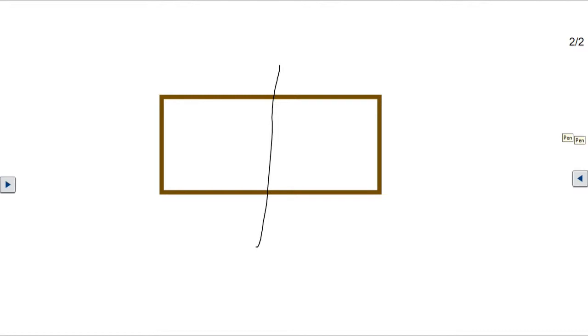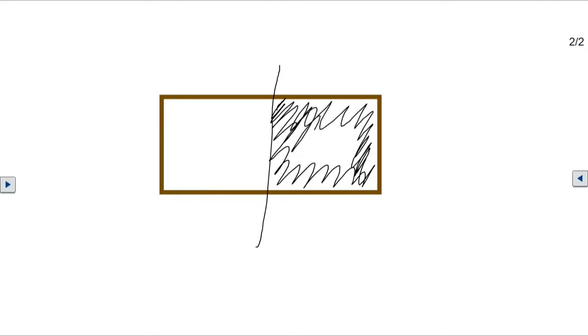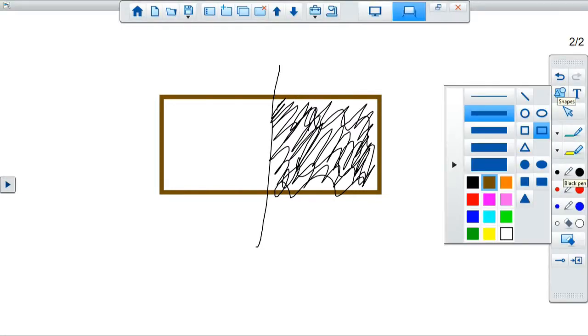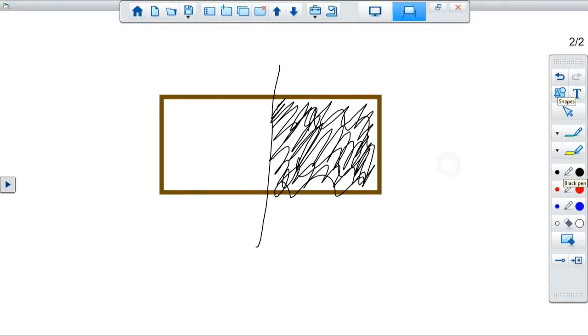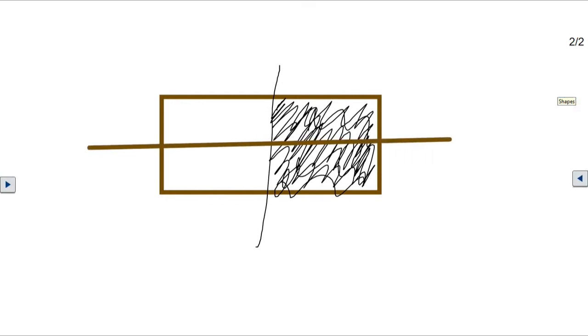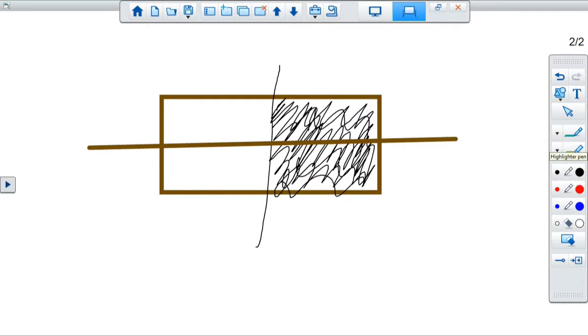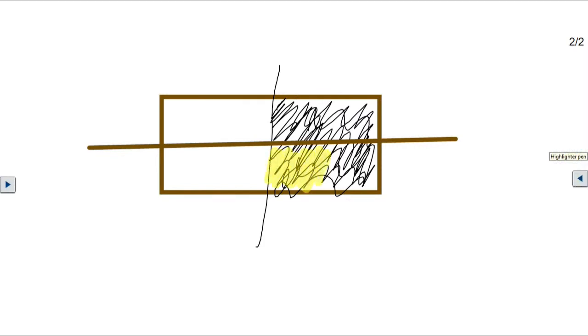We only have half of that bar left. One part's been eaten already. And you decide that you're going to share that with your friend. So we're taking that half and we are going to cut it in half, like so. Then I get this half and my friend gets the other half.